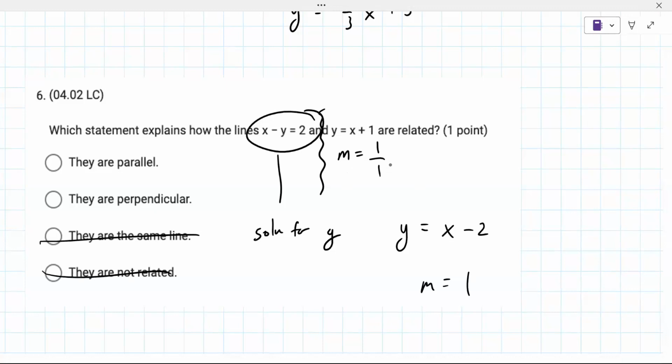Here, let me write y equals x minus 2, y equals x plus 1. They're parallel. Parallel, very good.